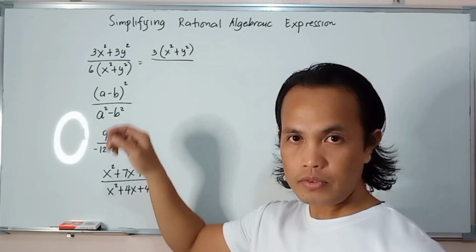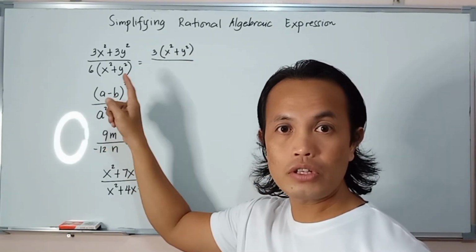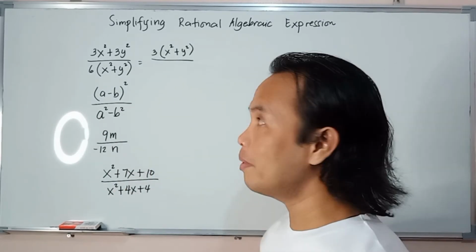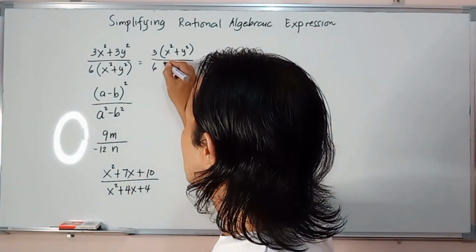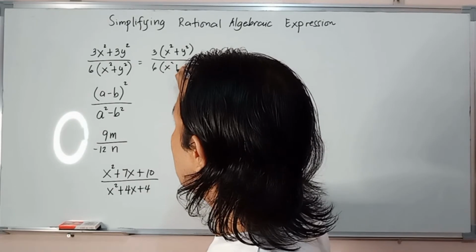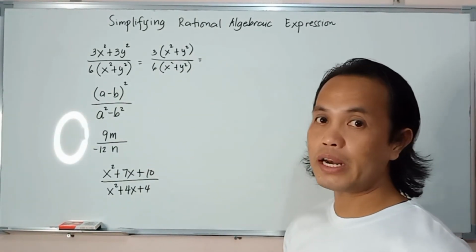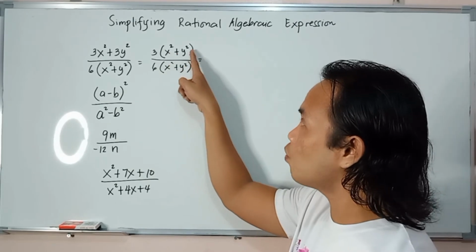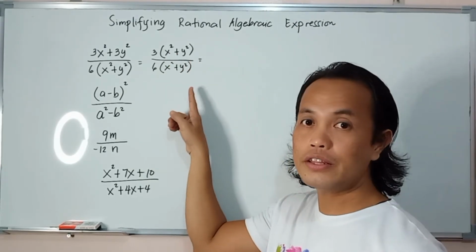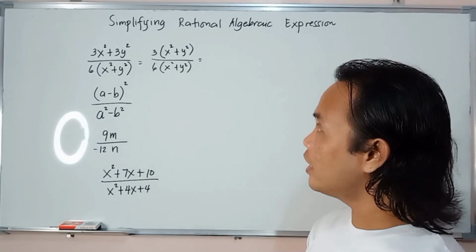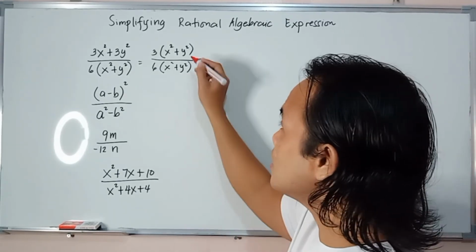That's over... Since we cannot factor out x squared plus y squared anymore, we just simply copy the denominator, which is 6 times x squared plus y squared. So in this case, as you can see, we have x squared plus y squared in the numerator, and we also have another x squared plus y squared in the denominator. They are the same factors, so we can cancel this out.